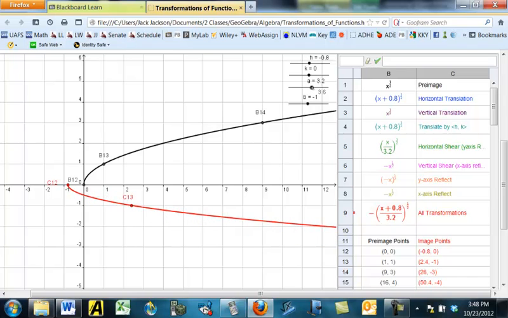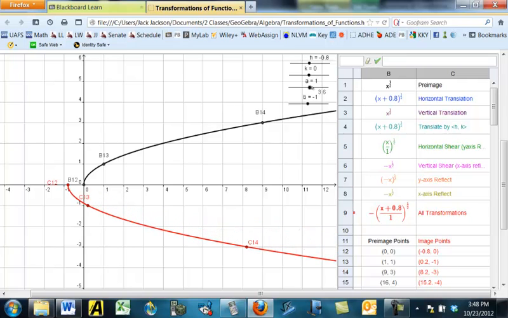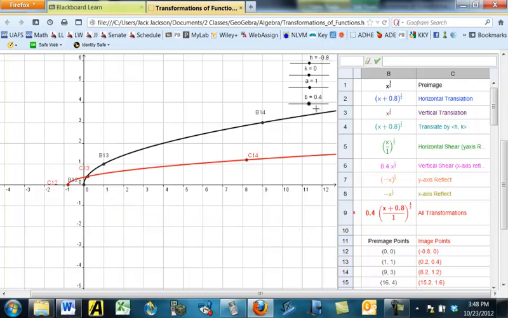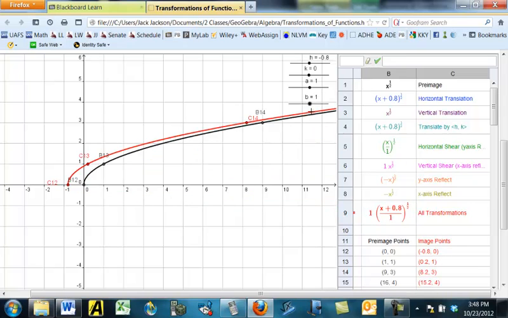So we set a back to 1. A is 1. Now we're going to set b to be 1 as well, and h to be 0. And we start with some function like this one.